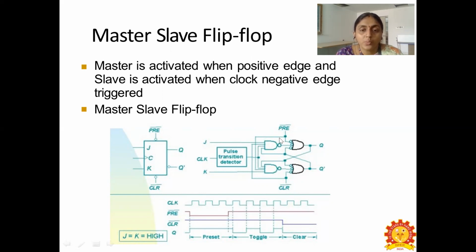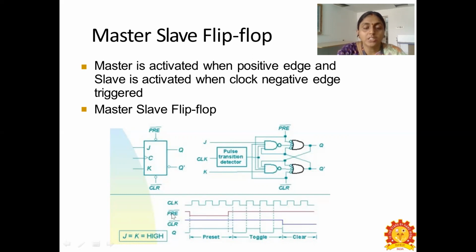So here we can see the NAND gates and the NOR gates implemented in the master slave flip-flop, which is shown as the transition of the master flip-flop, and the clear signal which is shown as the negative edge triggered flip-flop.